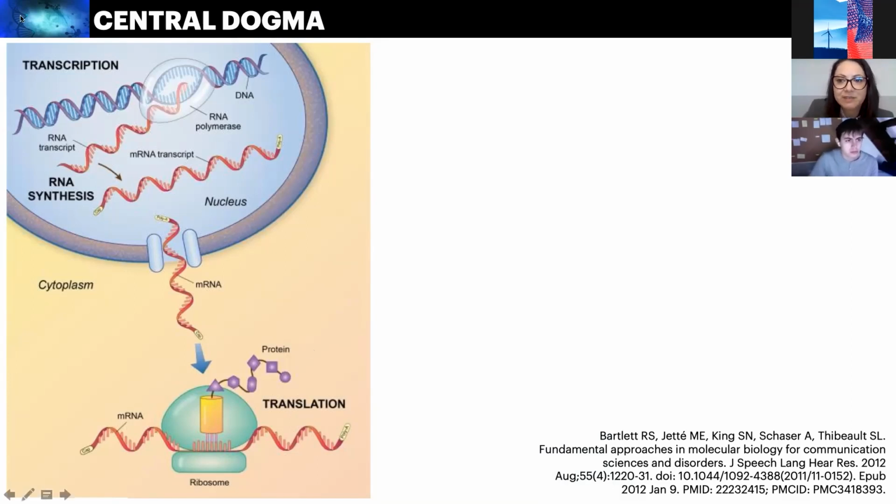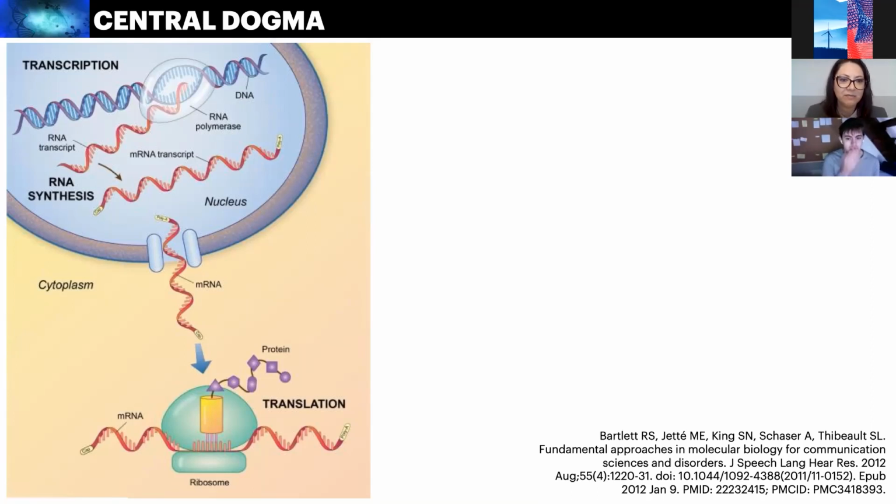Transcription is the ability of DNA to make a copy of the DNA sequence into an mRNA sequence, and this copy in the form of mRNA goes to the ribosome, and in the ribosome this sequence can be translated into a protein.